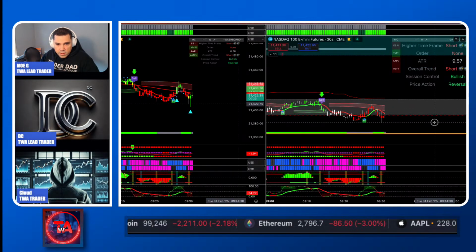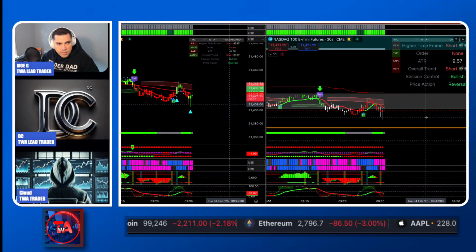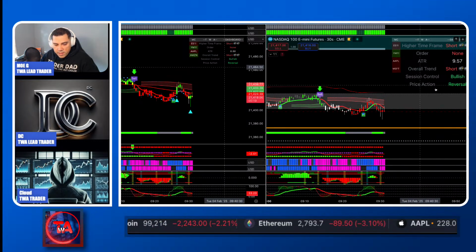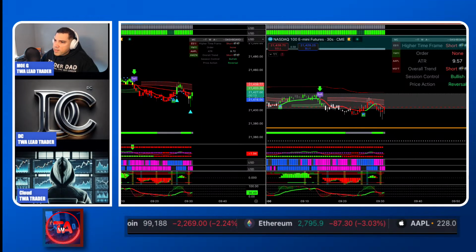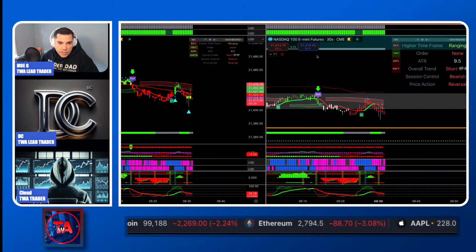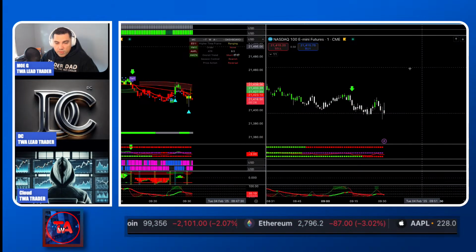Algo candles are red at the moment. See how we flipped again? So I'm gonna wait, I gave it 10 minutes, 10 minutes for the big boys to play a little ping pong. Let me make sure we have the same time frame. Let me go to the 1 minute. There you go. Mine just switched to ranging too.